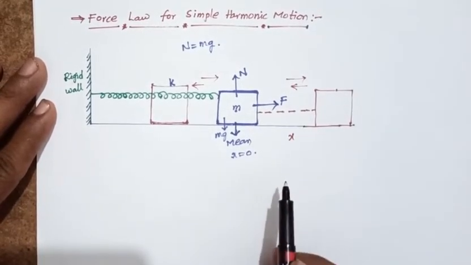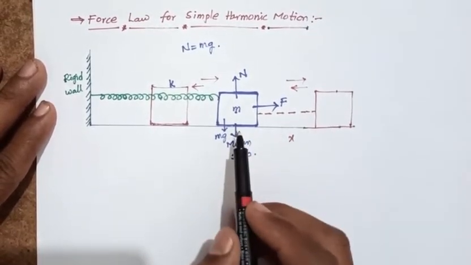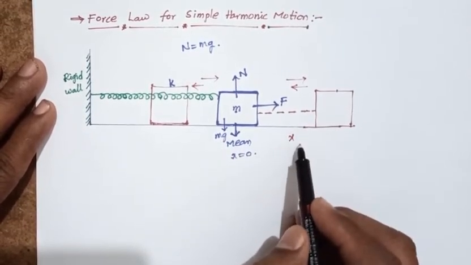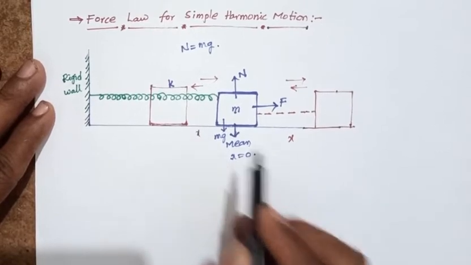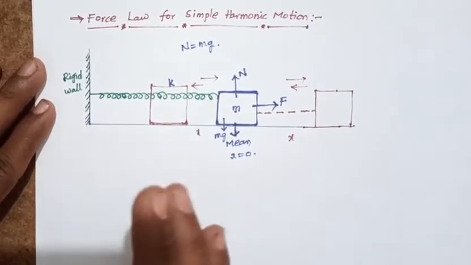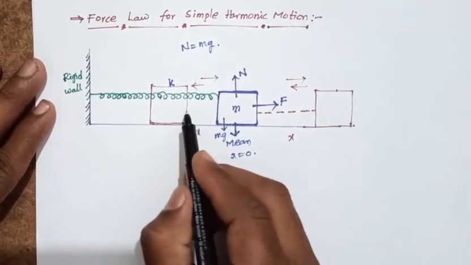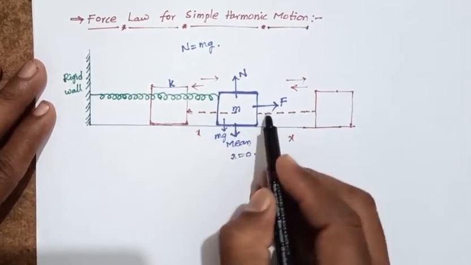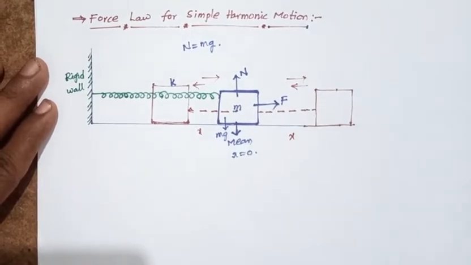After the force is removed, it oscillates with the same displacement, for example x. It oscillates continuously about the mean position.